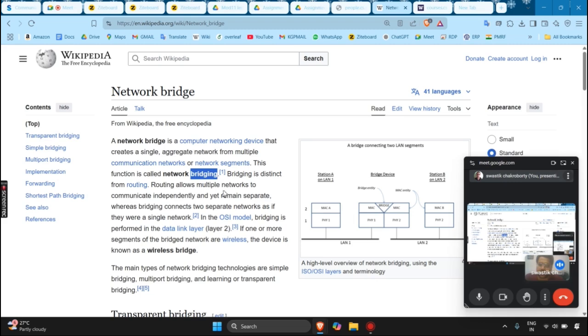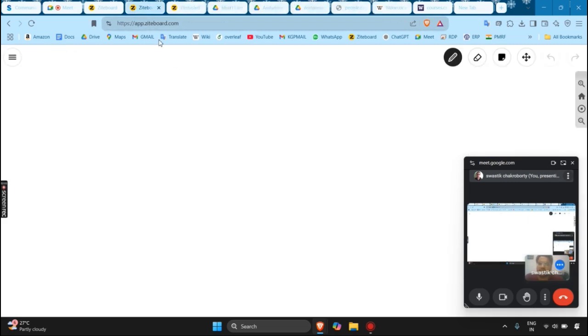One is called network bridging and another is called network routing.